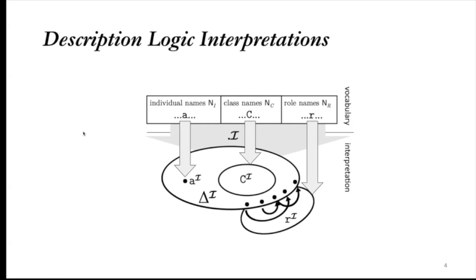A, under the interpretation I, points to that thing A with a superscript I. You can just think of A as an instance in the world, like Alex. It's the thing you're looking at through the lens of the interpretation I. Same for C, that's the classes. Roles you're not looking at as first-class entities, you're looking at pairs of things. And then that little delta symbol in I is just the domain.